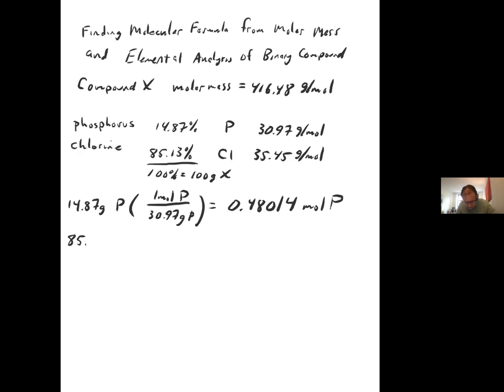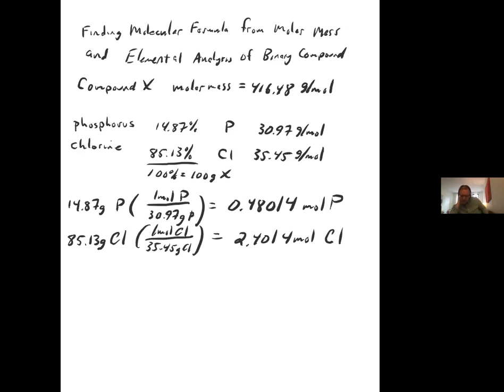They gave us 4 sig figs. So 85.13 divided by 35.45, and you get 2.4014. That's interesting. Are they going to be a whole number when we take the ratio? I think not. It doesn't look like it will be, but we'll see.